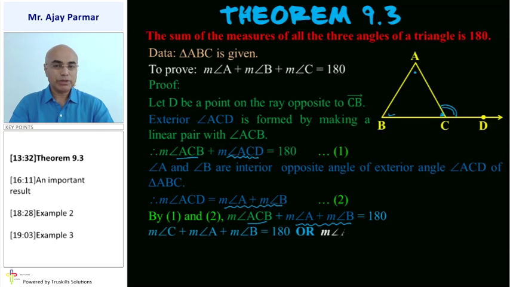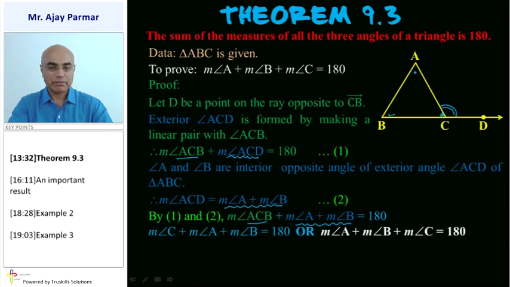That means measure angle C plus measure angle A plus measure angle B, or else we can change the order: measure angle A plus measure angle B plus measure angle C is equal to 180, and that is what we wanted to prove.